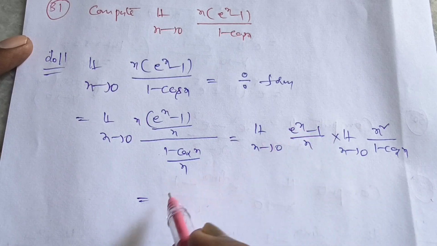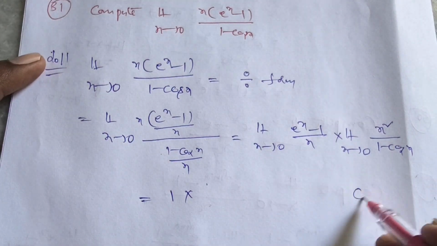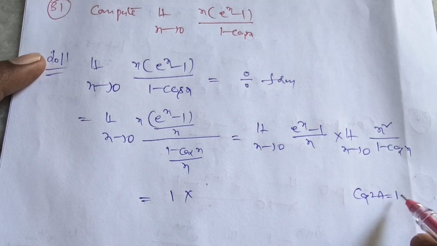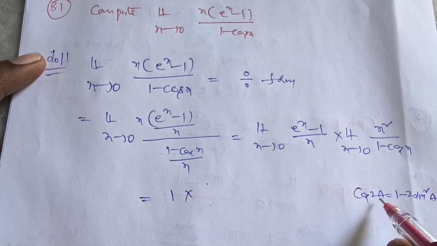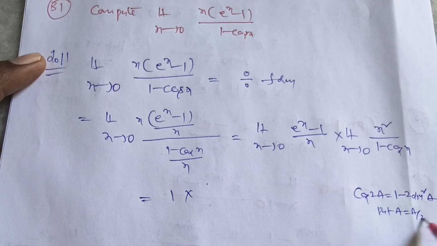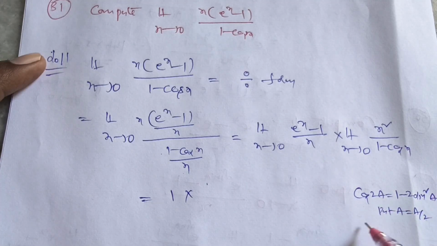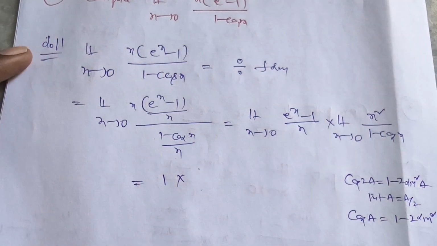The first limit value is an identity, that is equal to 1, into, here we have the formula cos 2a in sine, that is 1 minus 2 sine square a. If we put a equals a by 2 in the above identity, then cos a equals 1 minus 2 sin square (a by 2), since the 2s cancel.